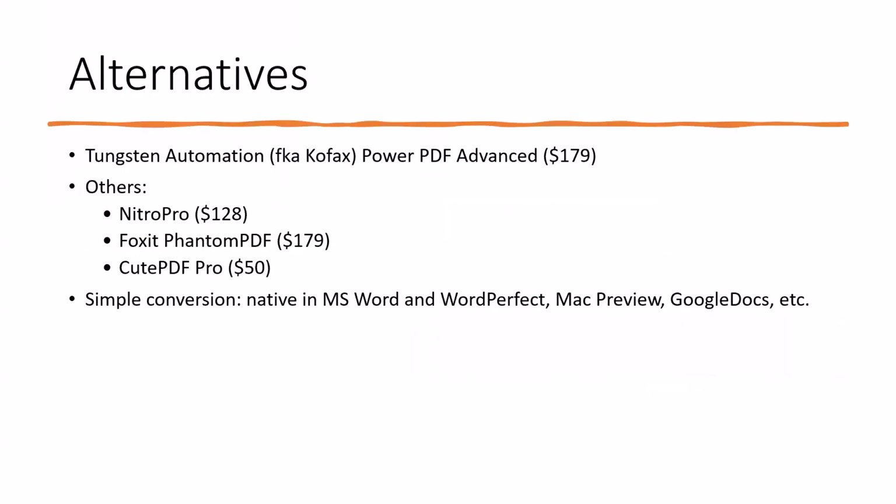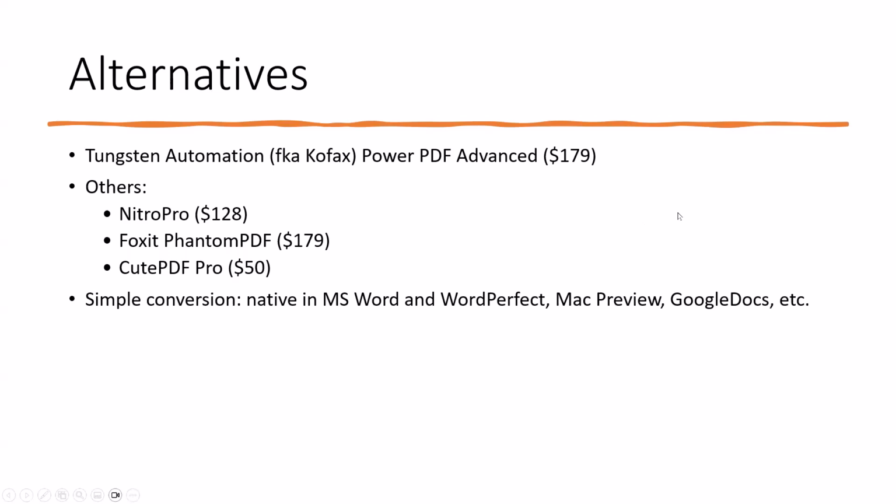So someone asked if I had talked about or was going to talk about alternatives. Absolutely. So what used to be called Kofax is now called Tungsten Automation, and their product, which is equal in almost every way to Acrobat, is $179 for a license.